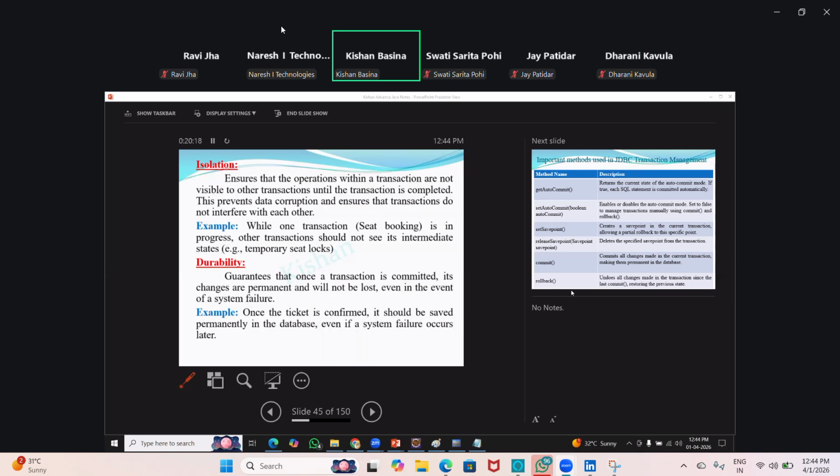Immediately, you will not be able to choose the same seat. If any other persons try to choose it, they will not be able to select it. We will be able to select that seat only after 10 minutes. Did you ever observe that? Isolation.